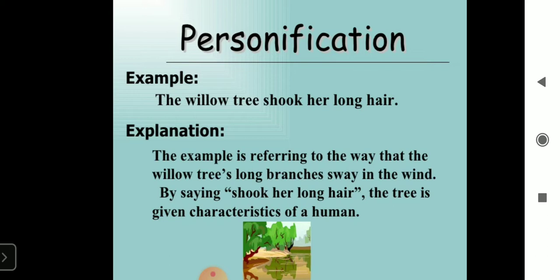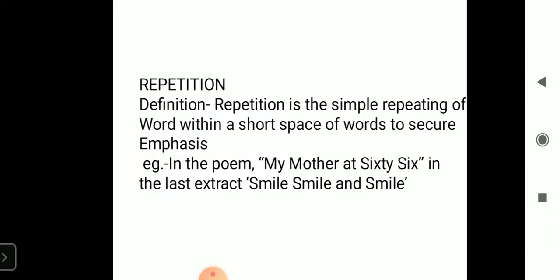So here in this sentence, the willow tree is given the characteristics of a human being. That's why it is called personification. As I told you, in Hindi it is called मानवीकरण. किसी नॉन लिविंग ऑब्जेक्ट को ह्यूमन बीइंग की कैरेक्टरिस्टिक्स देना. That is called personification. I believe it is clear to all of you, right?